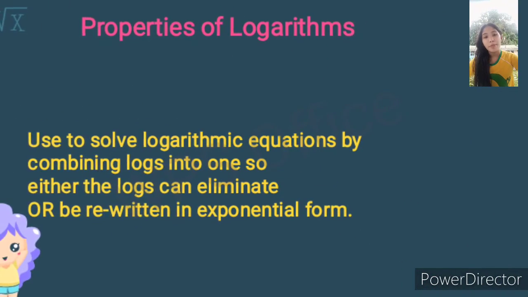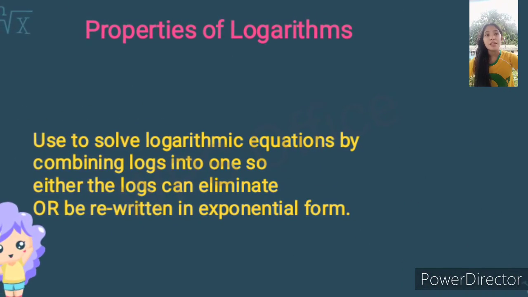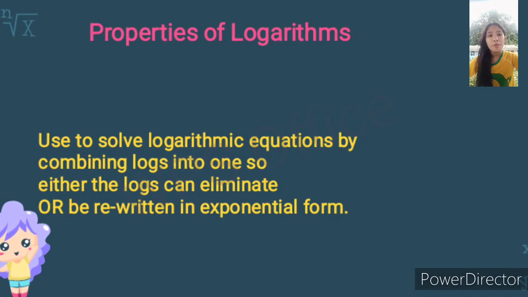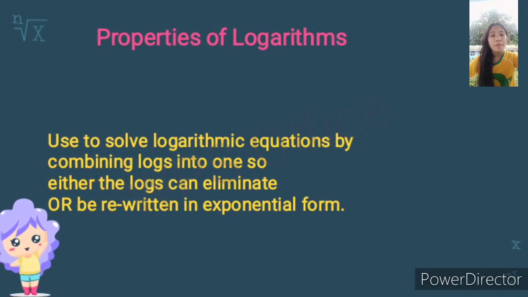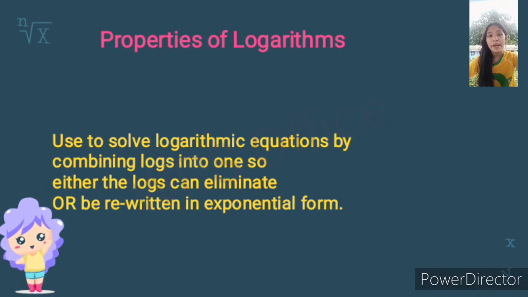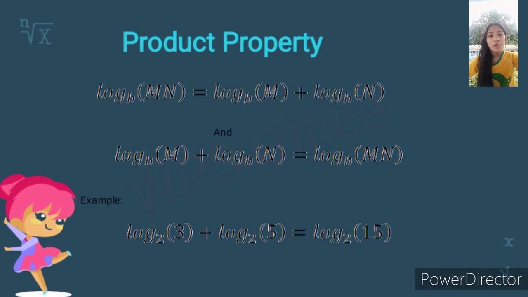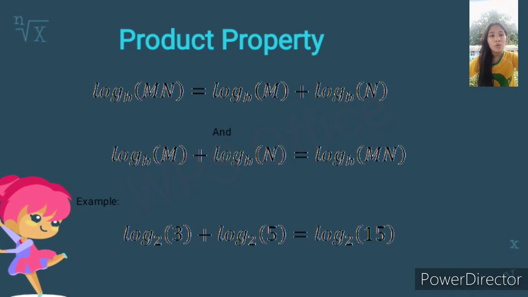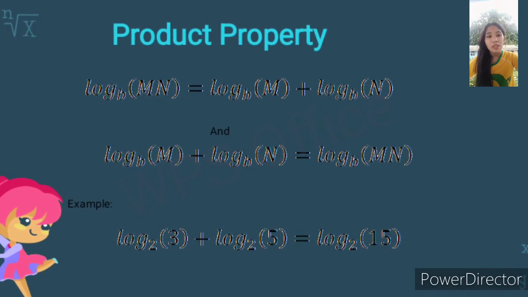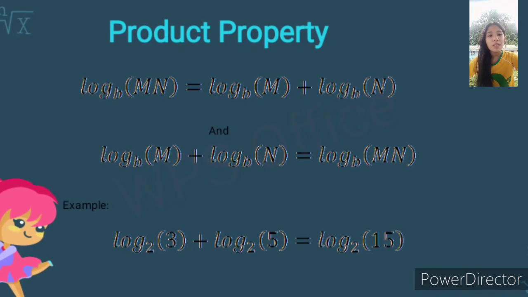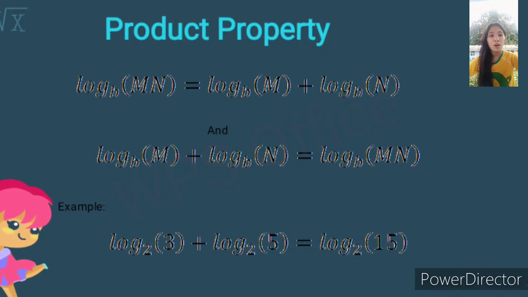To remember about logarithms, there is the product property: log_b of mn equals log_b m plus log_b n, and log_b m plus log_b n equals log_b of m times n. Example: log base 2 of 3 plus log base 2 of 5 equals log base 2 of 15.